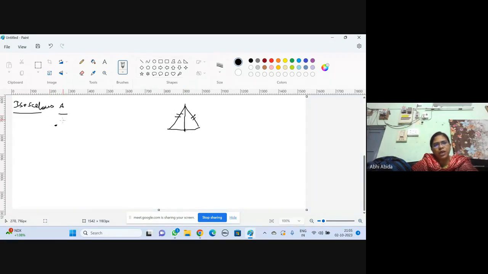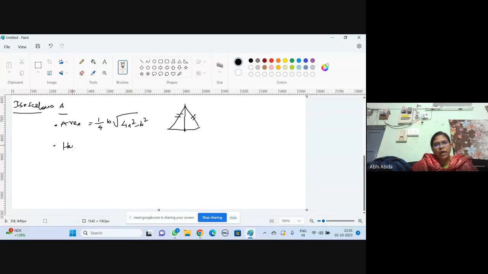If we talk about the area, the area formula, we know, is half BH. It is common for each and every triangle. But for the area of an isosceles triangle, it can be taken directly as 1 by 4 b root of 4a square minus b square.